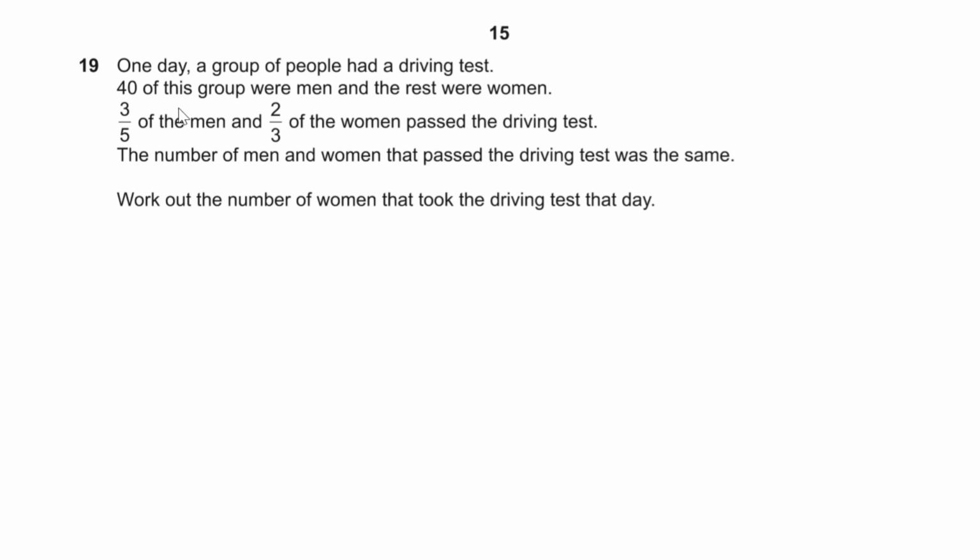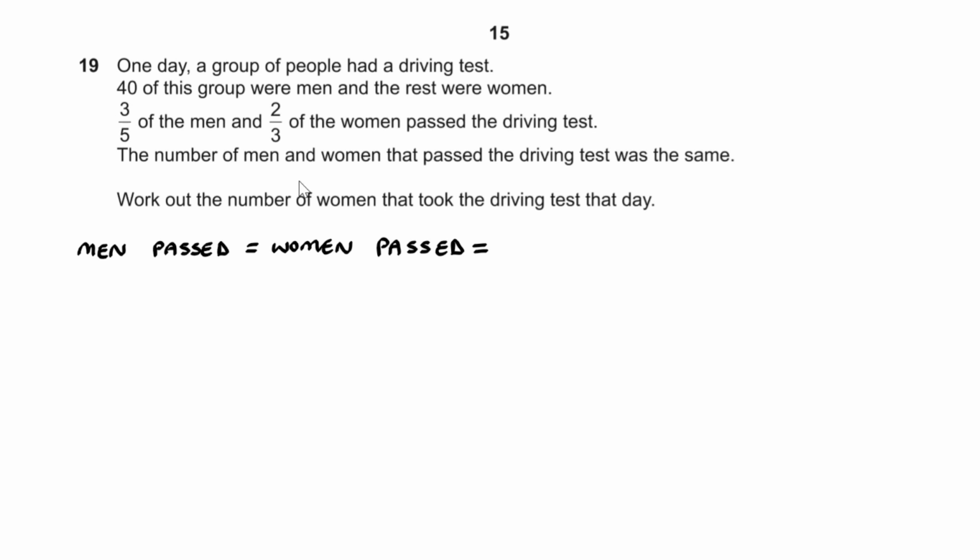Now, first of all, what we can do is find out the number of men who passed the driving test. And the reason we can do that is because we're given that 40 men took a driving test and 3/5 of them passed. So, first of all, the number of men who passed, well, this will be the same as the number of women who also passed.